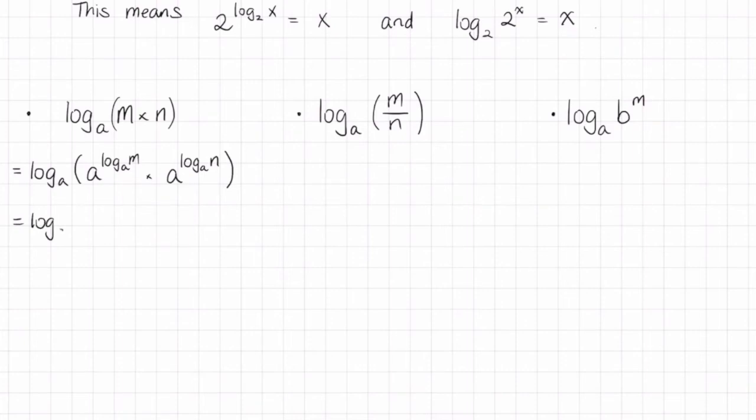and that's going to be log base a of a to the power of log a to the m plus log a to the n. Because they're exponents, you add them.